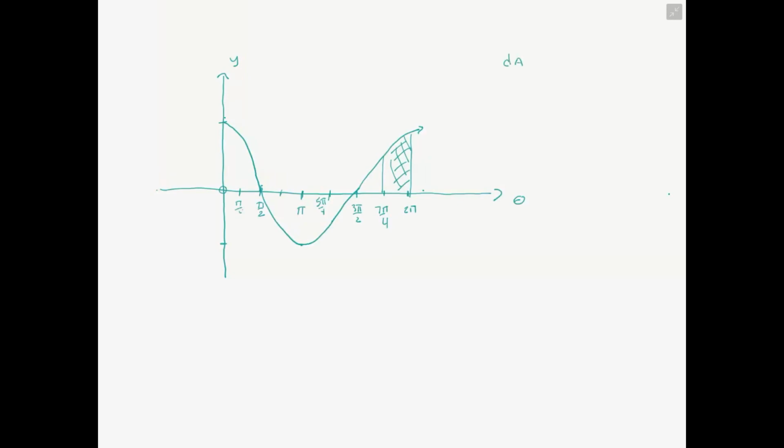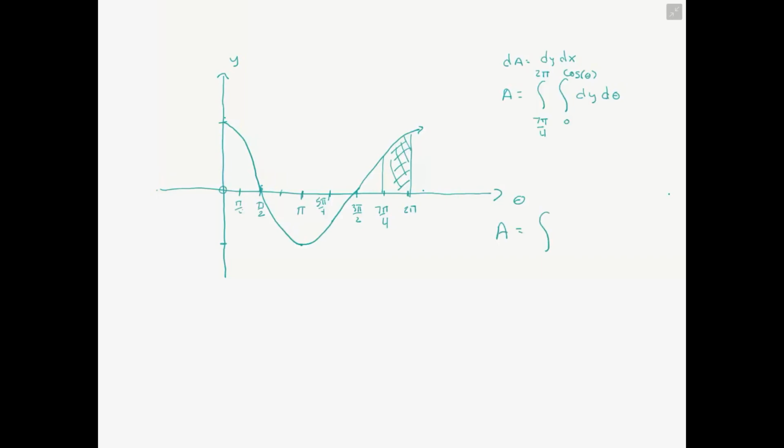So we say that dA equals dy dx, and our area then is between 7 pi on 4 to 2 pi, and our limit is between 0 and cosine of theta, dy d theta.